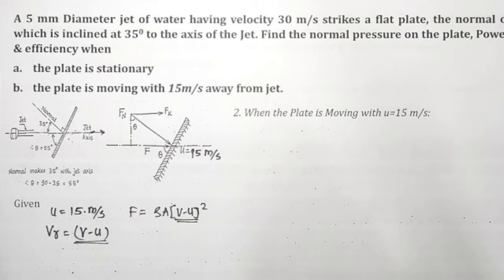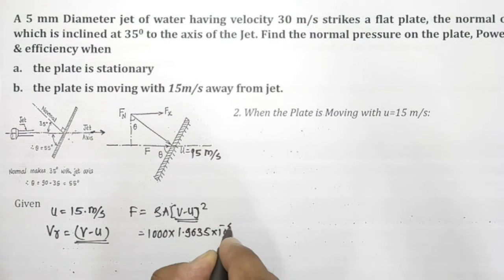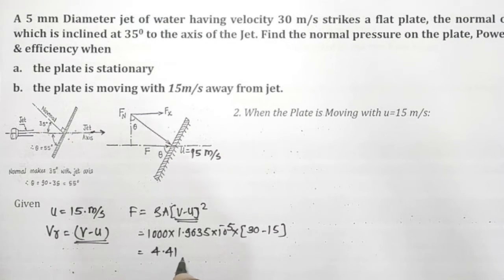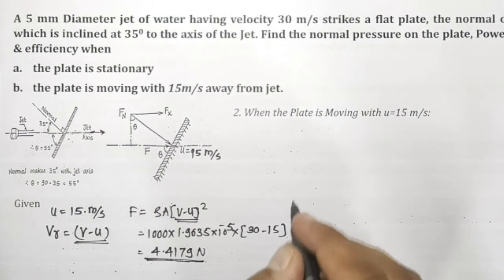So the force can be directly found out like 1000 into area, which is 1.9635 into 10 raised to minus 5 meter square, into the velocity, which is 30 minus 15. So it comes to 4.4179 Newton. This is the force.